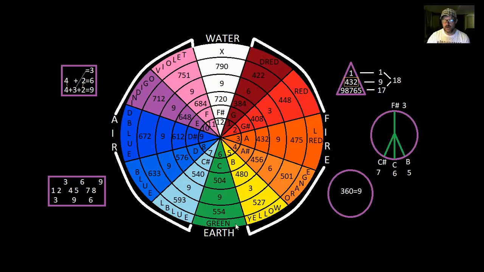Fire encompasses all of these things right here. Earth encompasses the green, the C. The C is earth. The green is earth. This tone, C, is earth. 369 code is earth. Okay, so on and so forth.